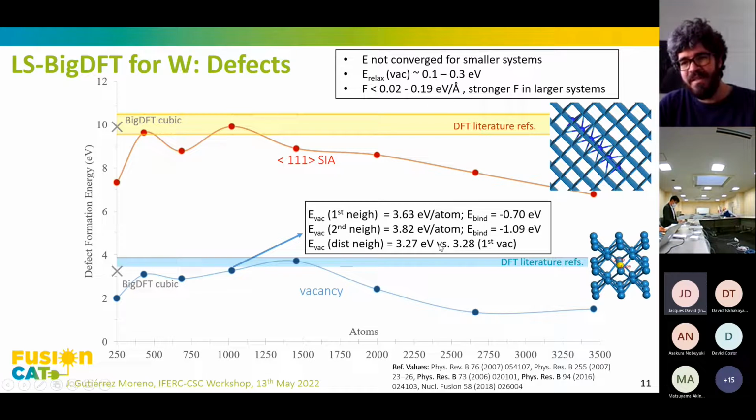On the other hand, if we look at structures that are very large, we observe that values deviate from what we were expecting. And although there is some sign of convergence here, we are still far from the values we were expecting. So we believe there are several reasons to explain this behavior.